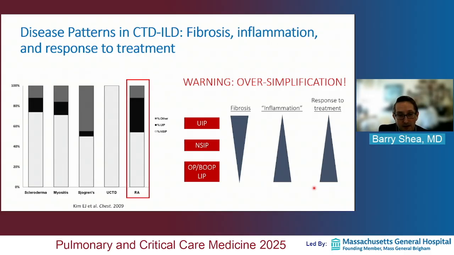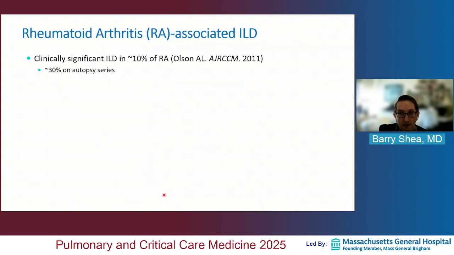RA ends up being a really interesting CTD to study, or RA-ILD, because of the heterogeneous patterns of ILD seen in that particular entity. RA is the most common of the connective tissue diseases. ILD occurs clinically in about 10% of all RA patients. If you look at autopsy series, it's even higher, close to 30%.